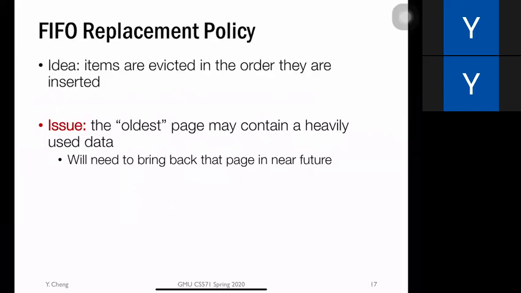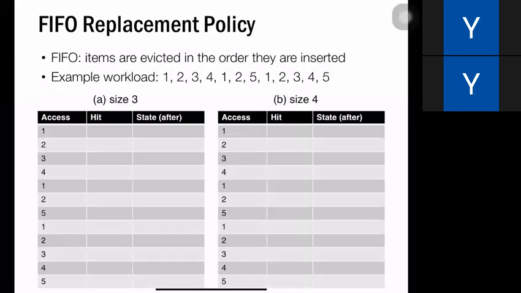So that implies that sometimes we need to bring back that particular oldest page in the near future, because it will be reused in the near future.